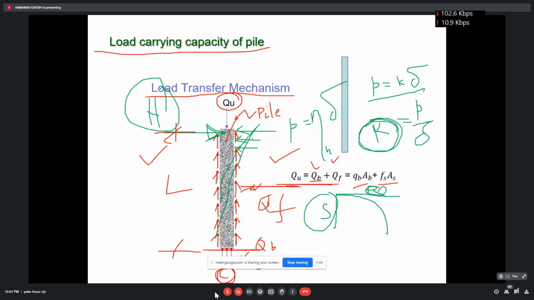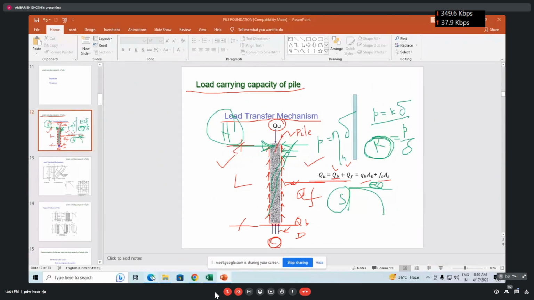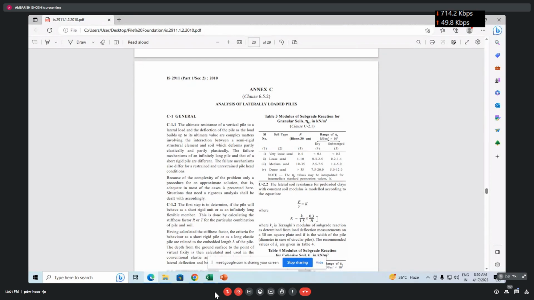Now for this horizontal load carrying capacity, different methods are there. Today we are going to explain only the IS code method, but you go through the codes, there are different methods available that you can see. Now let us come back to Annex C of IS 2911 Part 1 Section 2.